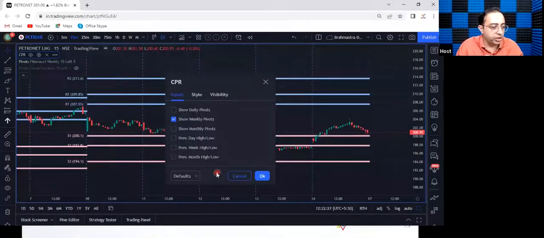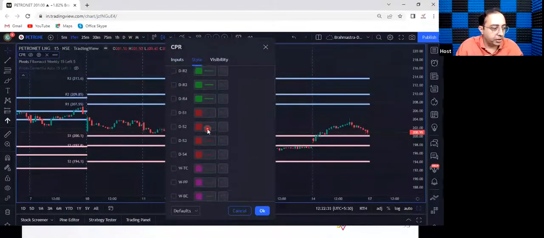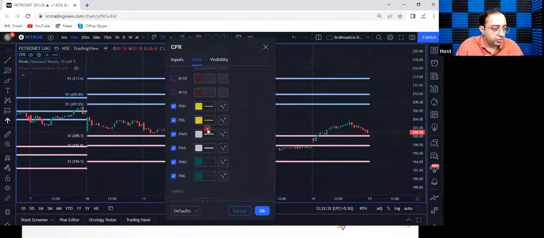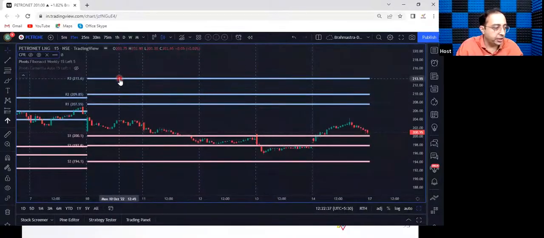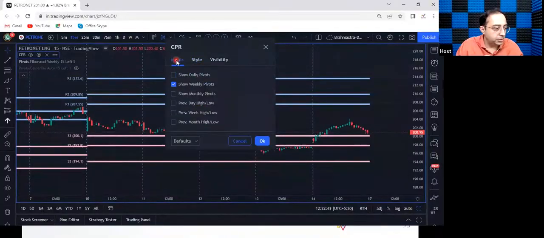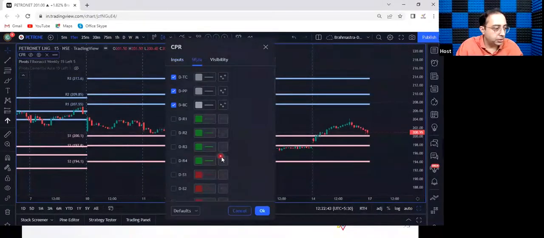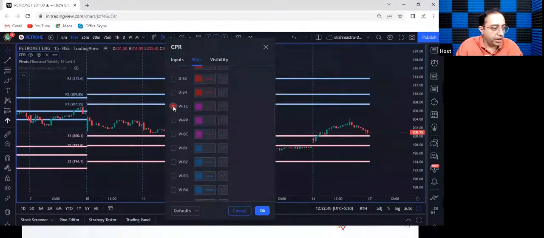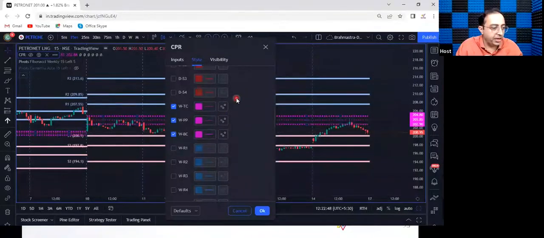Okay. I'm only using the weekly pivots. All right. And I'm going to turn on all my weekly parameters.